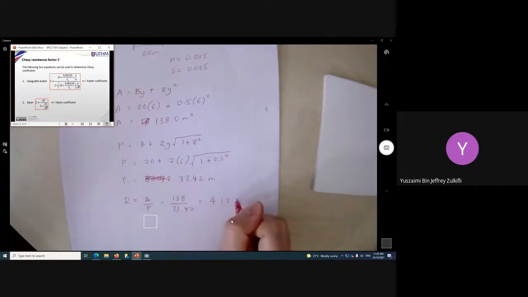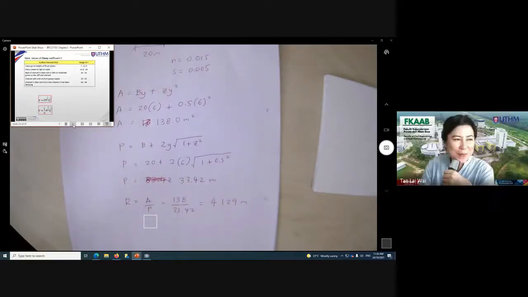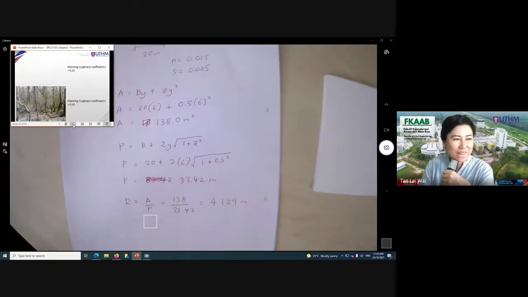4.129. Okay, wait, I need to check first, because we are going to apply it in Ganguillet-Kutter. I don't want it to be wrong.